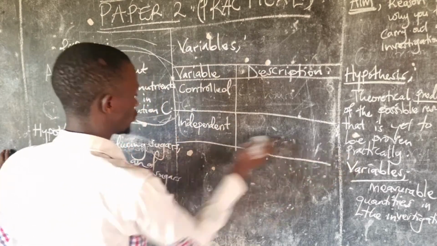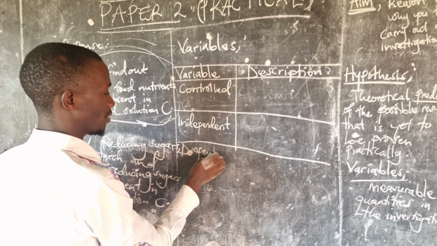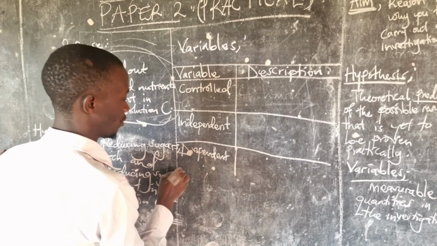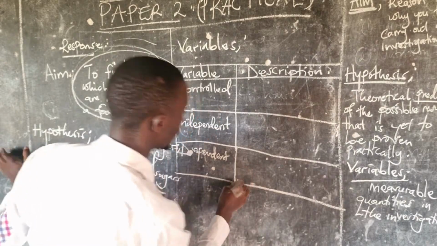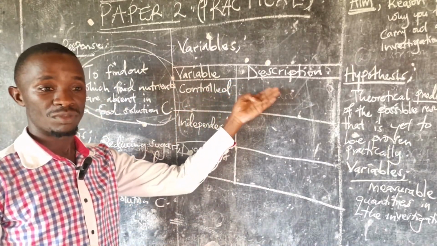And then they also prepare where they will put the dependent variable. They always make a table. So the descriptions of the controlled variables will be put here.